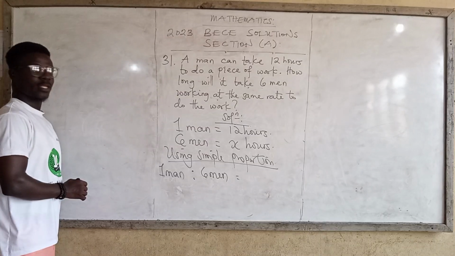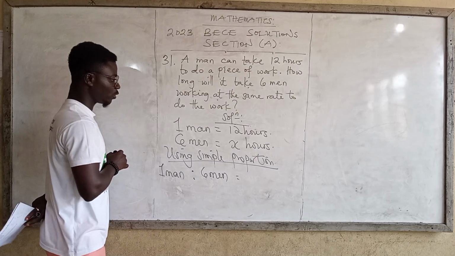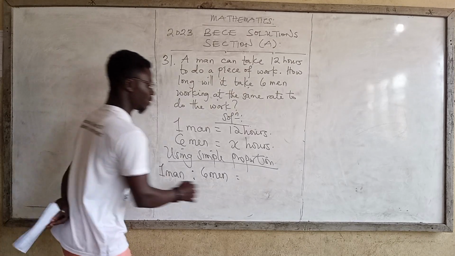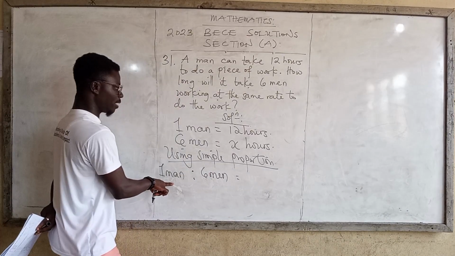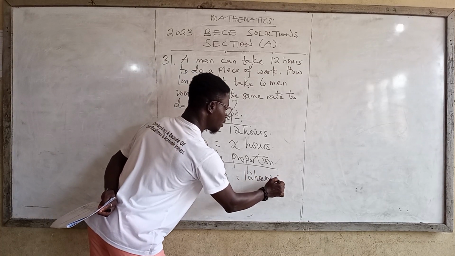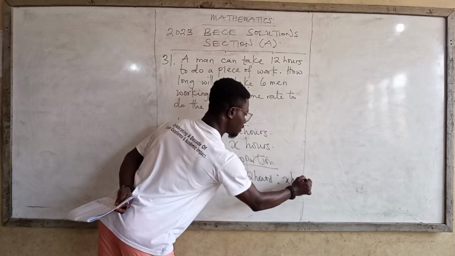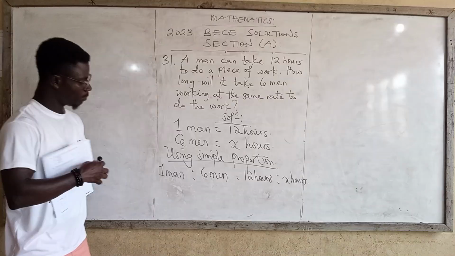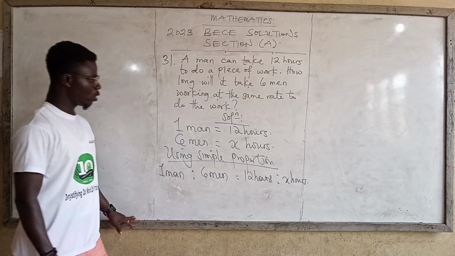Eventually, we have to have the same unit. So one man is to 6 men. Then we have one man corresponds to 12 hours, so 12 hours is to x hours. So I'm forming my simple proportion here.